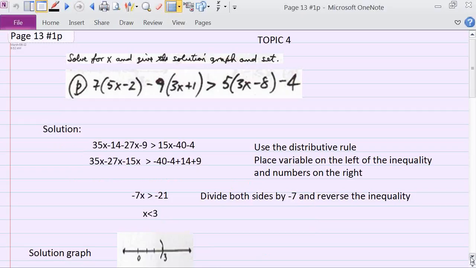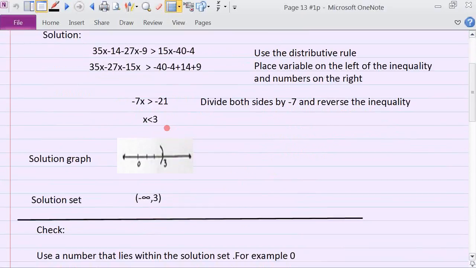So at this point, we don't want minus 7x here. We want only x here. So to go from here to here, we have to divide by minus 7. Well, if we divide the left by minus 7, we have to divide the right by minus 7. And when we divide by a negative number, we have to reverse the inequality.